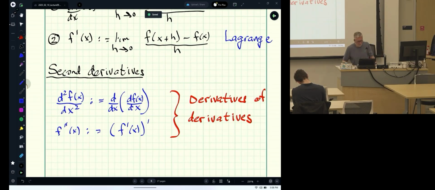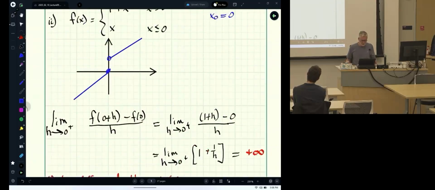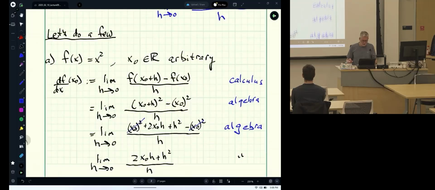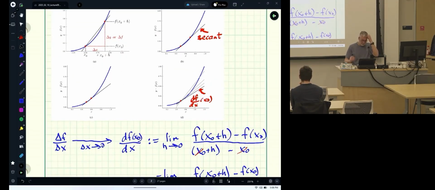So why is this important? It's emphasizing that even though we think of differentiation, let's go back to our picture, as being something that's happening at a point where we get this local slope, it's important to realize that as we vary that point, we get different local slopes, and so we're creating a new function.